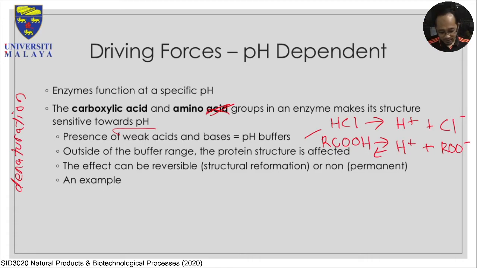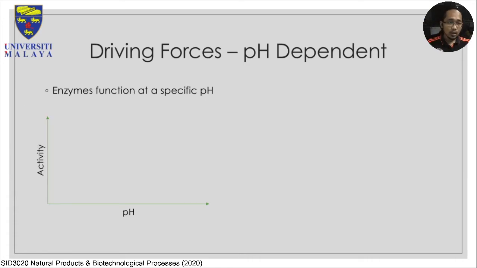So an example, which I've already mentioned. Again, this is just to show you the activity and the influence of a change of pH. Say the enzyme works at pH 7.